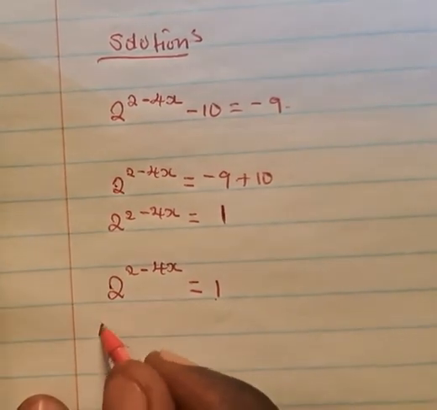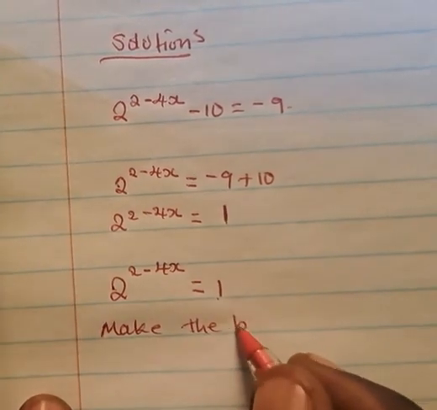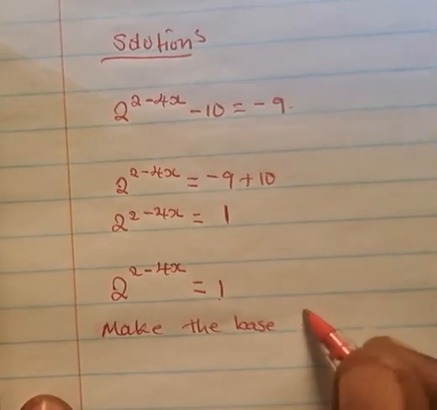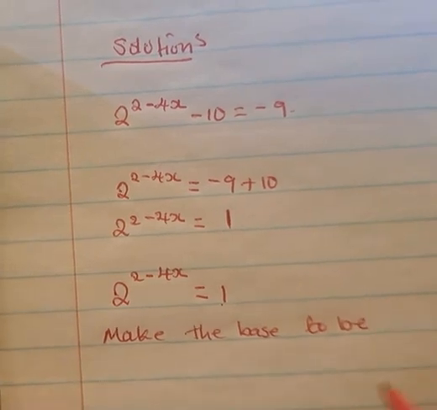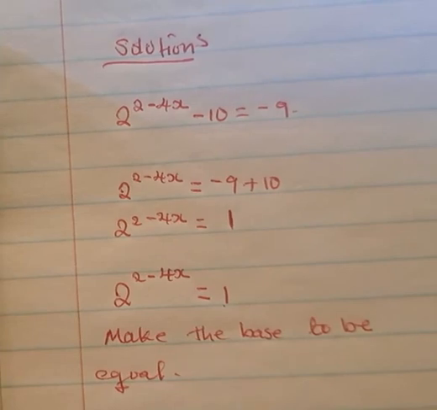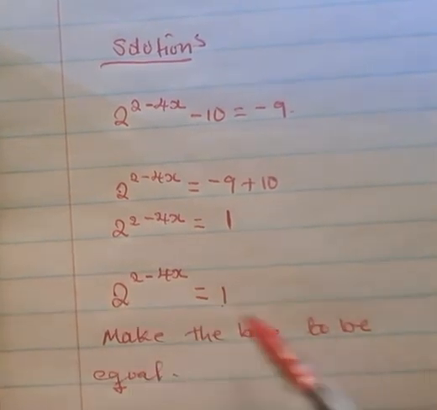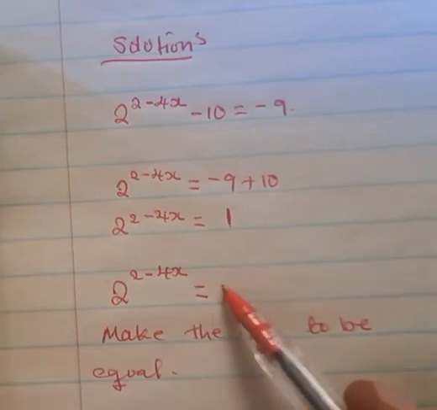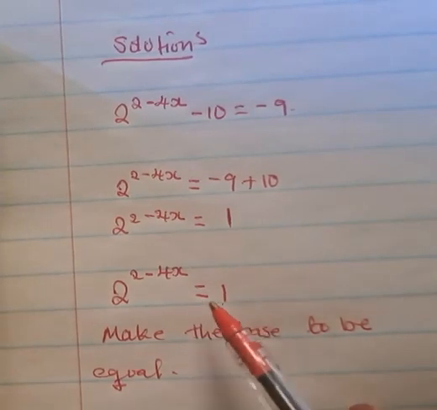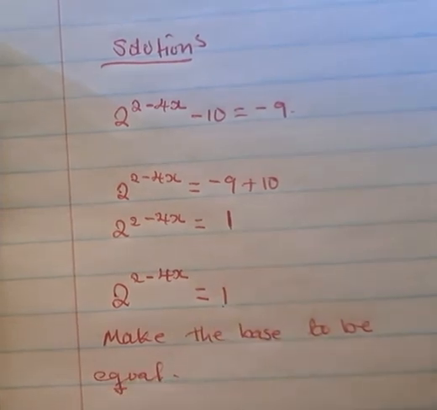So here, make the bases equal. The base is already 2 here, so we have to find a way of making this base 2, such that when we raise 2 to the power, what we'll get will be 1. Can you think of any?